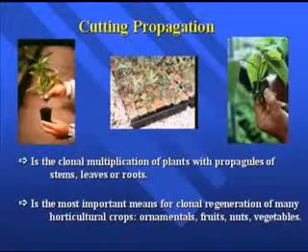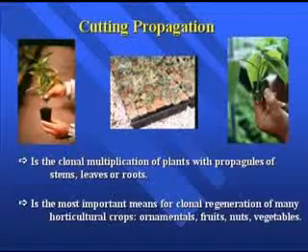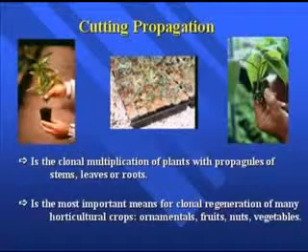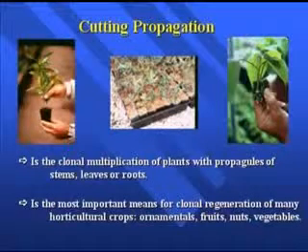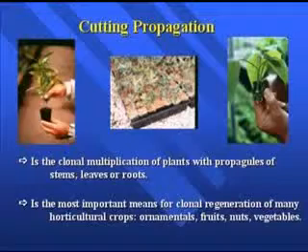In the upper right-hand corner, you see a picture of a poinsettia, which is being rooted in that cube. That cube was split in half so you could see the root system. Poinsettia is an example of a multi-million-dollar industry around the world. And the reason we're able to have that industry is because we can asexually root these cuttings and produce the certain cultivars that we are trying to market.